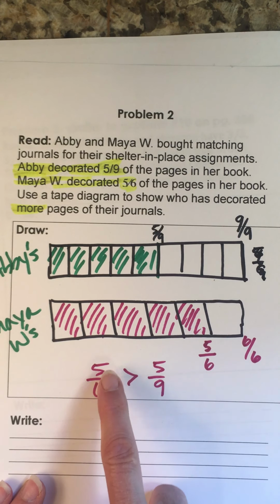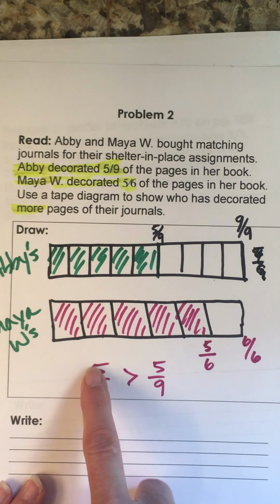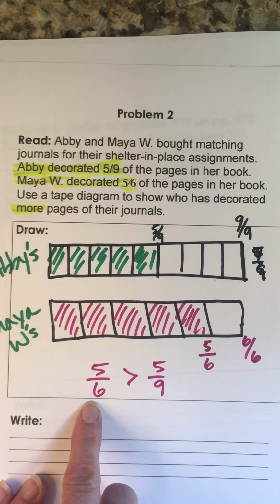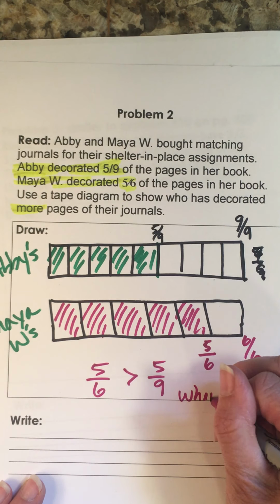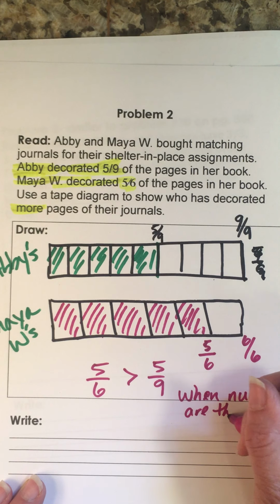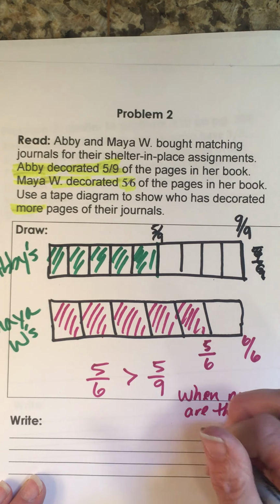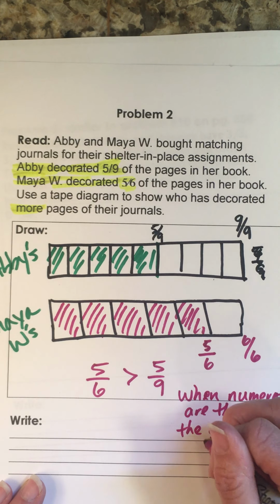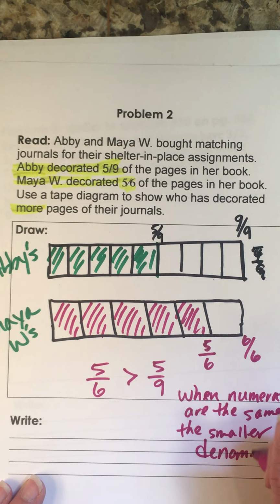The key thing to remember: when the numerators are the same, 5 and 5 here, when the denominator is smaller, like 6, that fraction is bigger. Okay, so when numerators are the same, the smaller denominator is a bigger fraction.